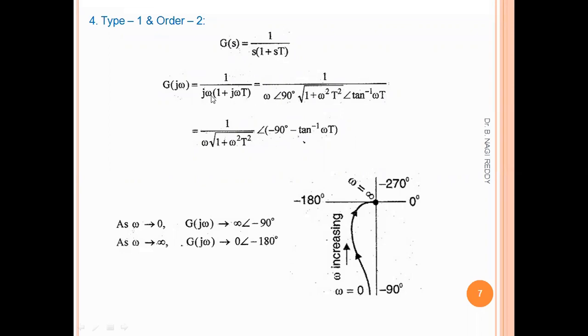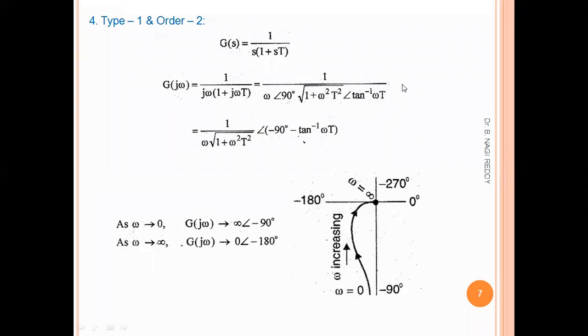Okay, so that's why here square root of omega square plus 0 square. 0 is the real value. So 0 plus omega square is nothing but omega square. So omega square and under root will cancel. So we will get omega at an angle of 90 for this first term. For the second term, we know square root of 1 plus omega square t square. And the angle for the second term will be tan inverse of omega t.